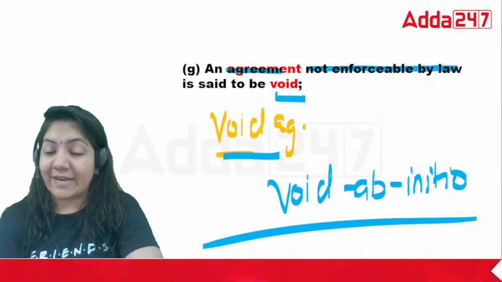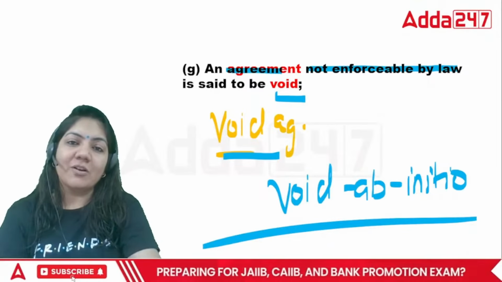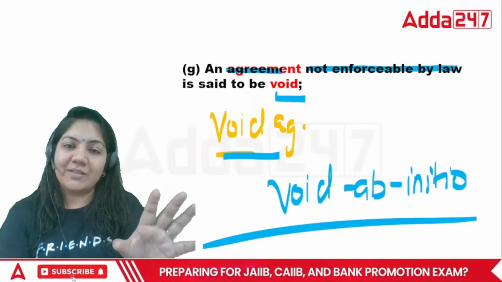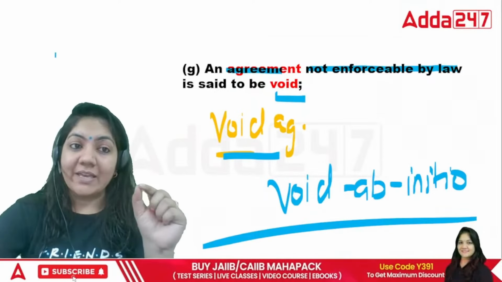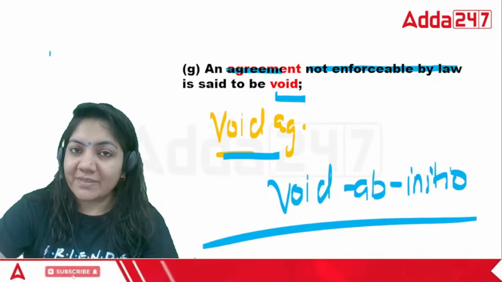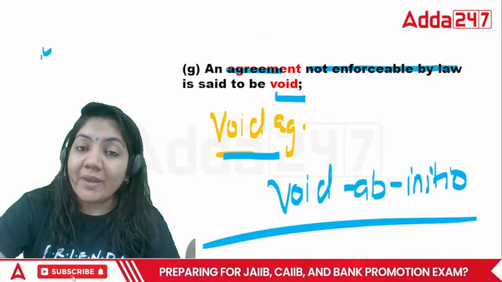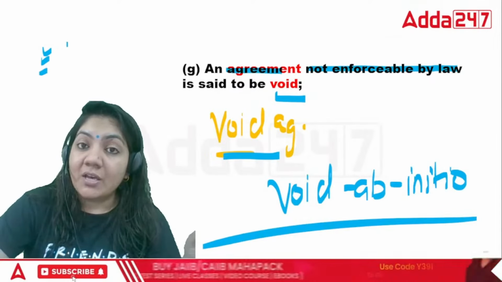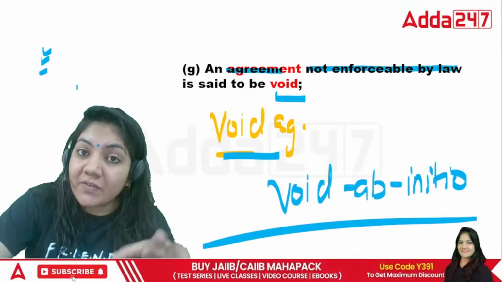Exactly, sir. I think you have not seen the summary session that we have already done. In the summary session, when we were doing the questions, there were so many questions asked from the definition portion.